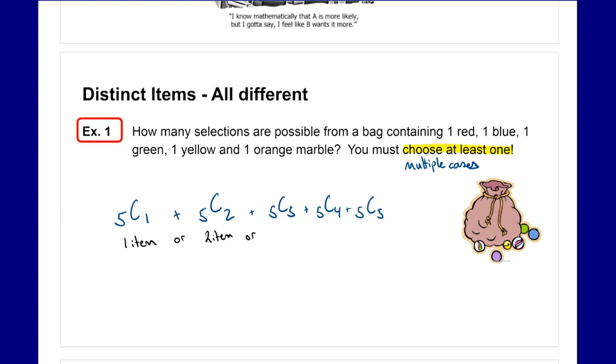So we could pull 1, 2, 3, 4, or 5 marbles.